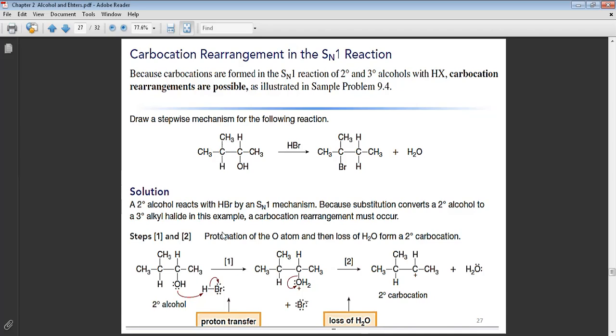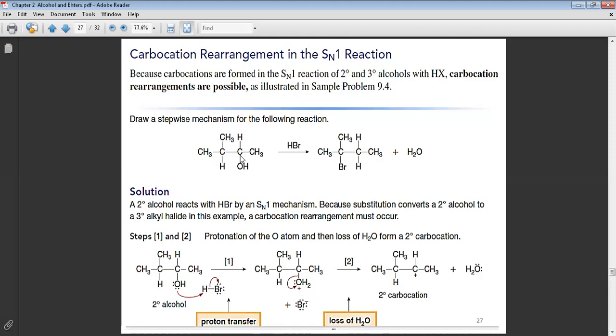Then the first step we know is acid-base reaction. This unshared electron pair on the oxygen will attack the proton. Protonation, acid-base reaction, to give you OH2 plus. Then in the next step it will leave to give you a secondary carbocation.